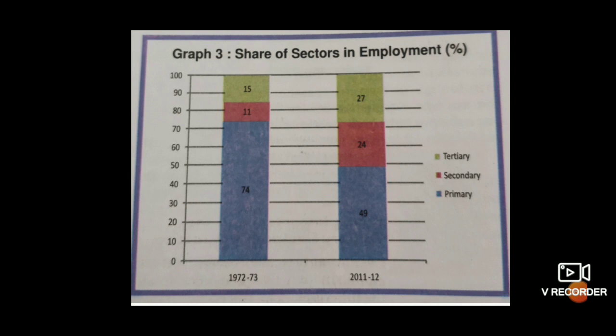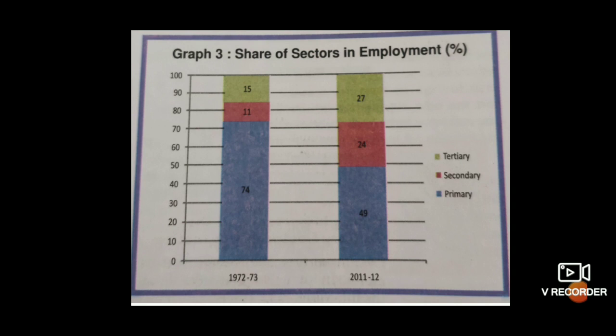Then another question will come to your mind: does this mean that the workers in agriculture are not producing as much as they could? So many people are working in the agricultural sector, then how are they producing only a quarter of the GDP? Here you have to understand that in the agricultural sector, more people are working in agriculture than is necessary.